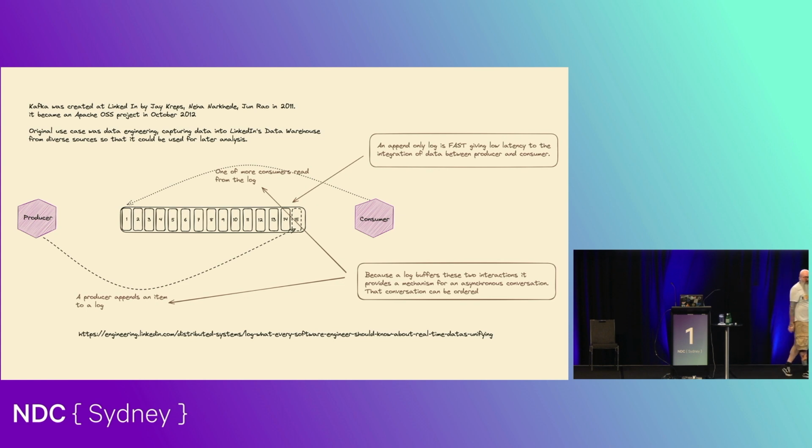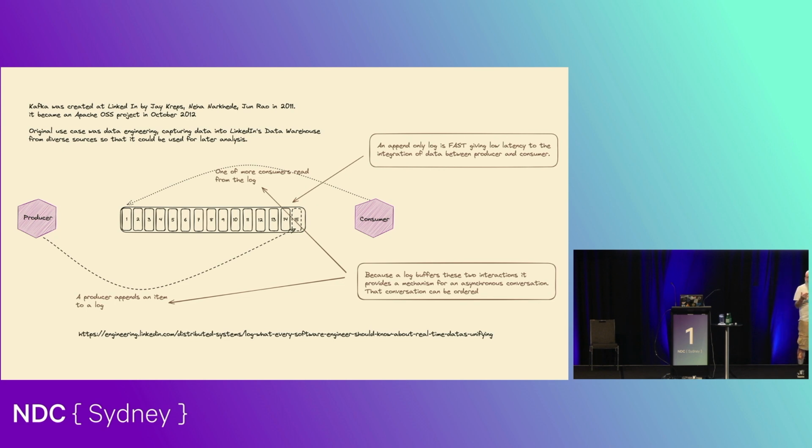That makes it very fast. Readers read from the other end of the log until they have caught up with the writer. So the readers read from 1 up to about 15, and producers are writing at 15, 16, 17. Because we have this log, we create an asynchronous conversation. By that we mean both parties don't need to be present at the same time.